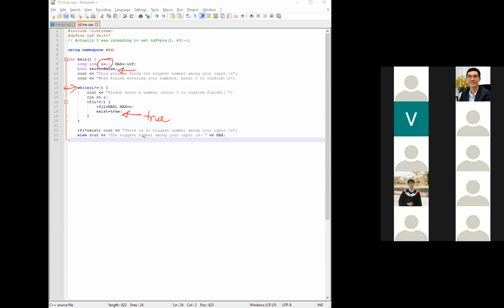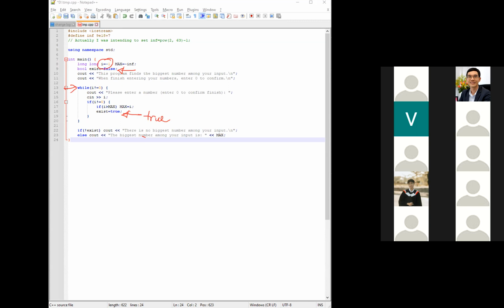Minh Quang assumed this minus infinity, meaning the smallest number you can have for the long. What he meant here is that you could not enter in computers a smaller number than that. And another one is using the exists.